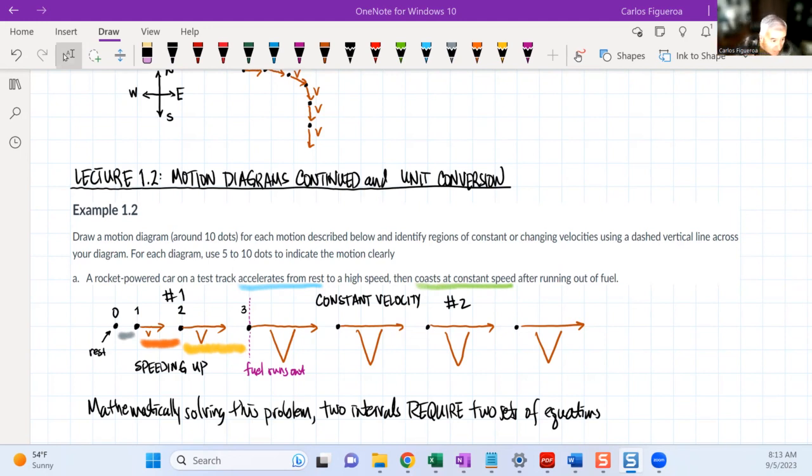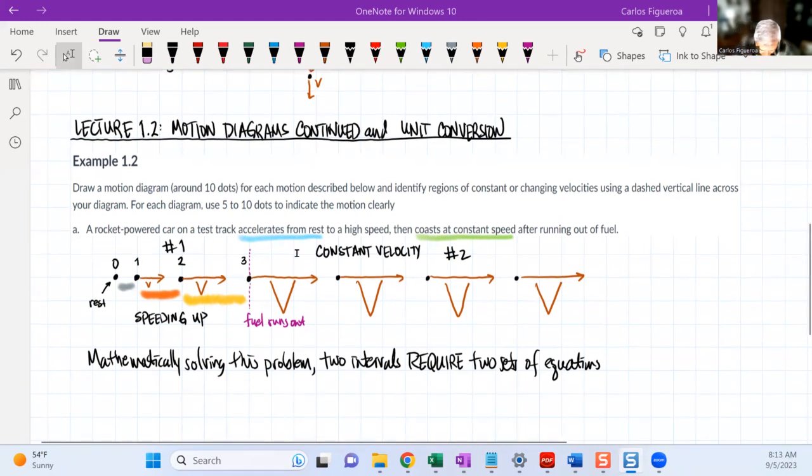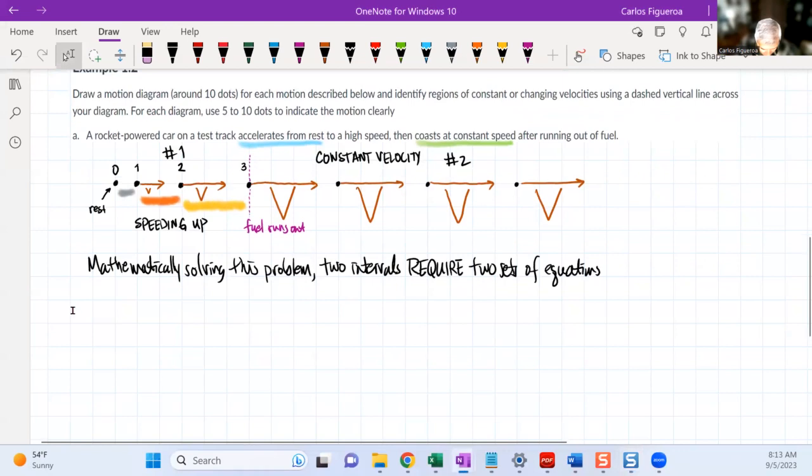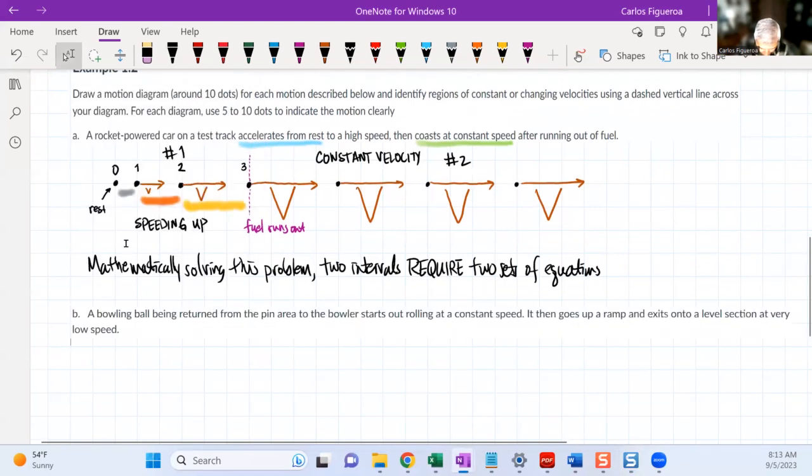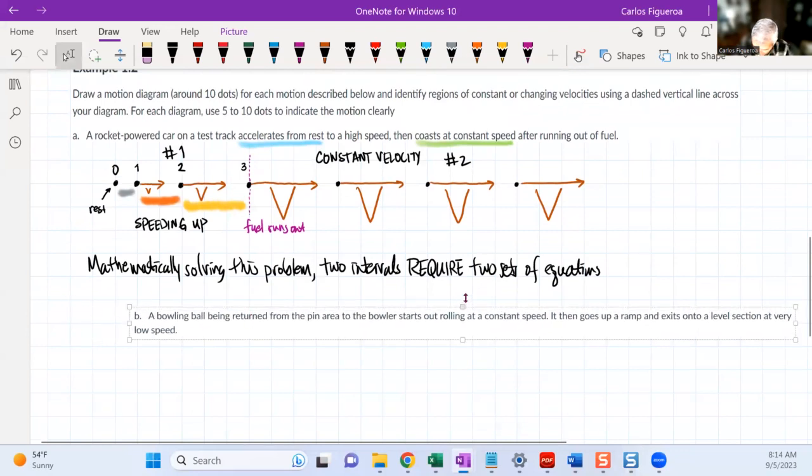Now, let's go to the next question. I'm going to do the exact same question. Let me go here, and let me grab that. So if I go to that example, this is part B of that question. Now I'm going to make this a little bit smaller and a little bit taller.